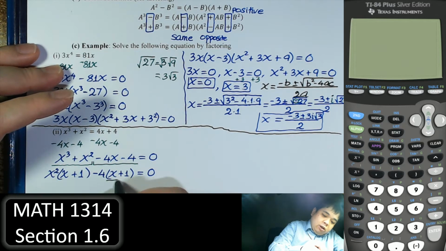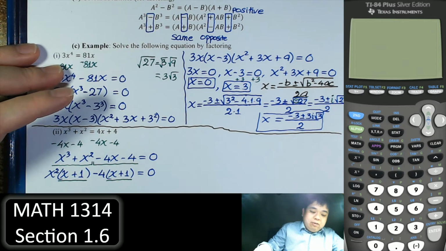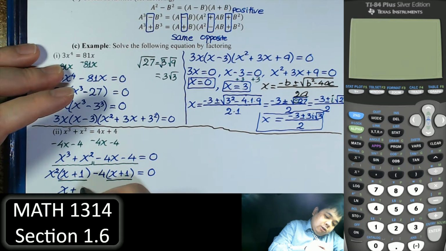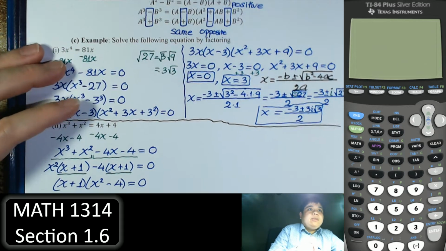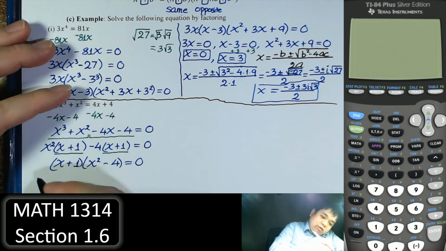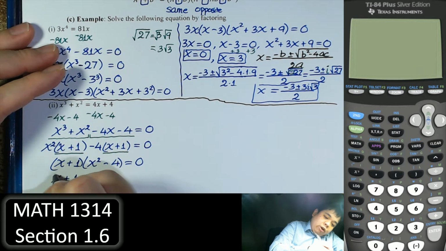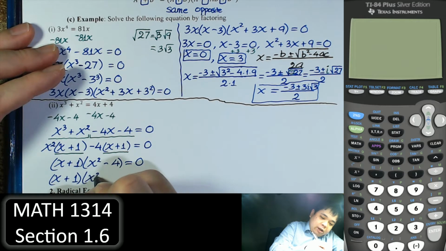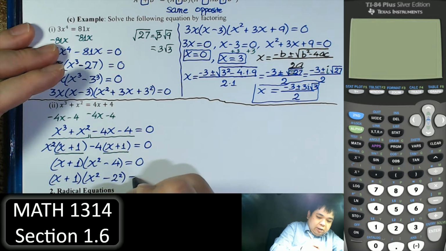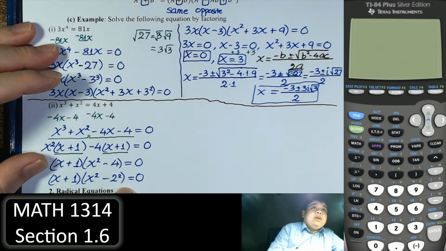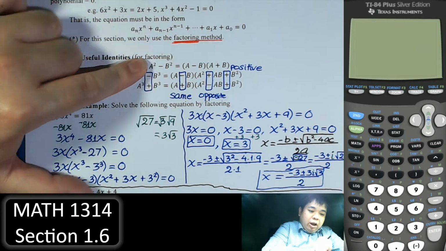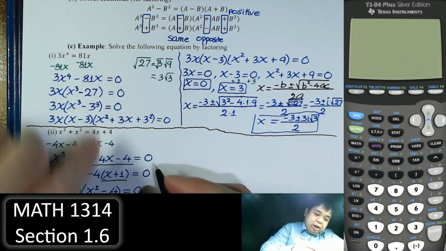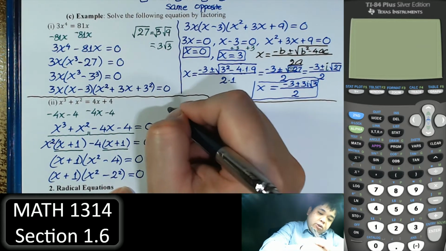Now we have x plus 1 in common, and we can factor it out. Then x squared minus 4 equal to 0. Now, x squared minus 4, if we rewrite it as x squared minus 2 squared, then we can use the first identity here, the difference of two squares, where a is x and b is 2.